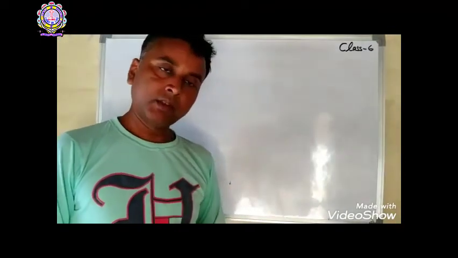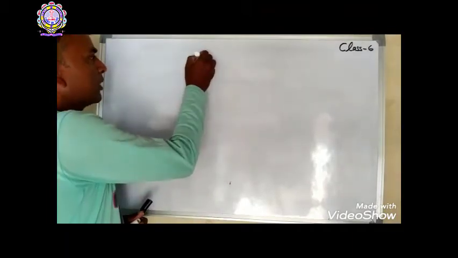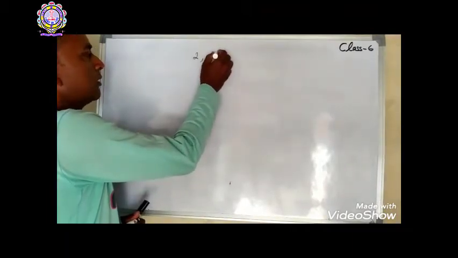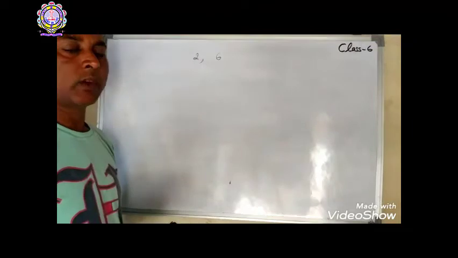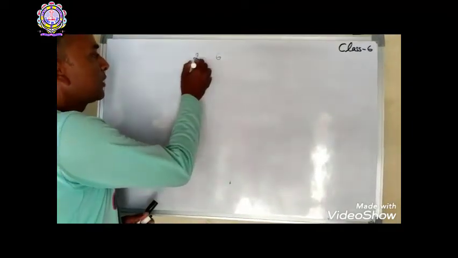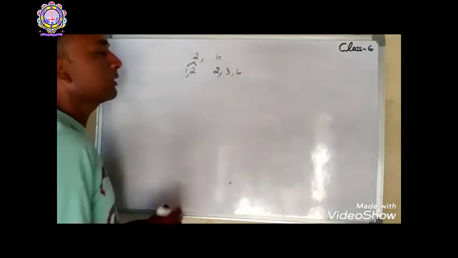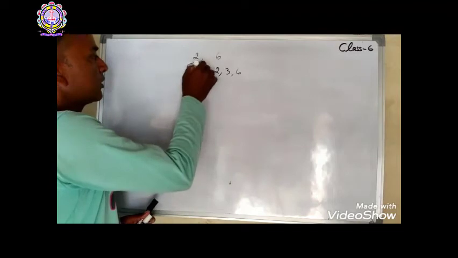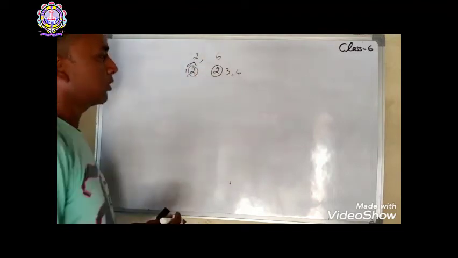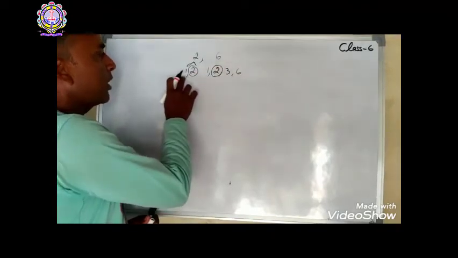Two even numbers. Take any two even numbers, 2 and 6. Then what is the HCF? 2 has the factors 1 and 2. 6 has the factors 1, 2, 3 and 6. So what is the HCF? Common are 1 and 2.